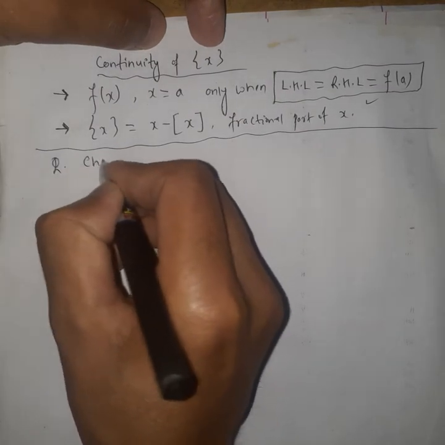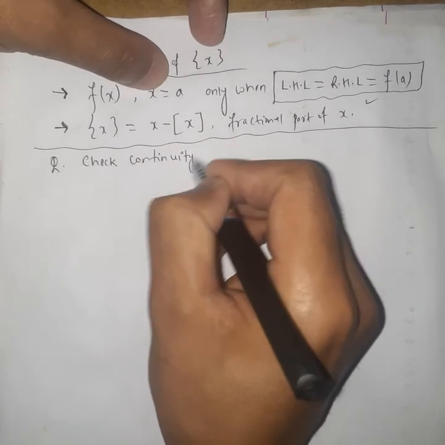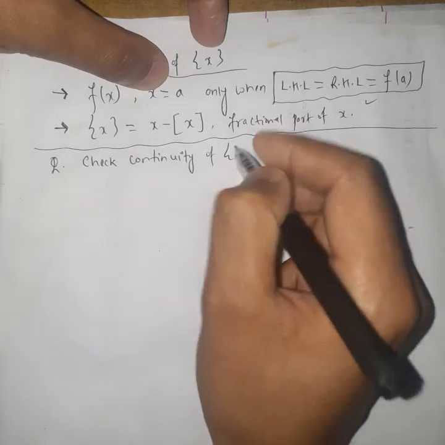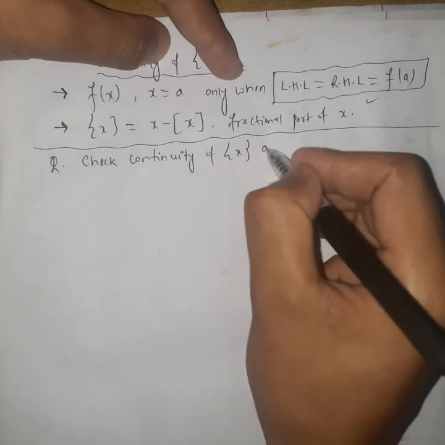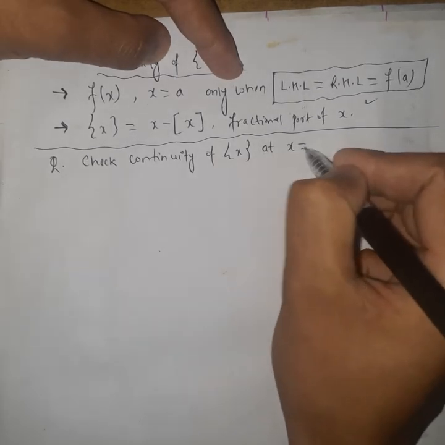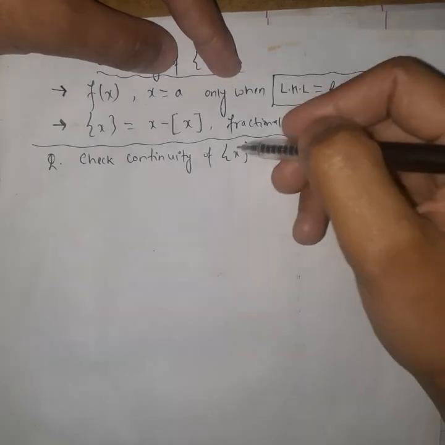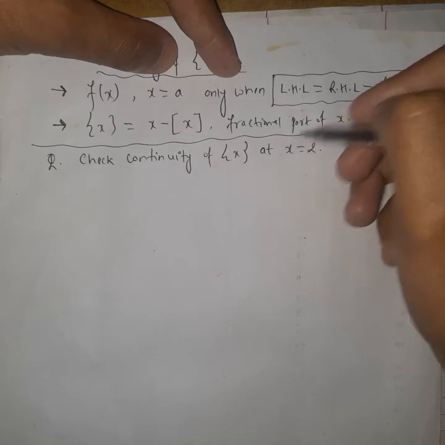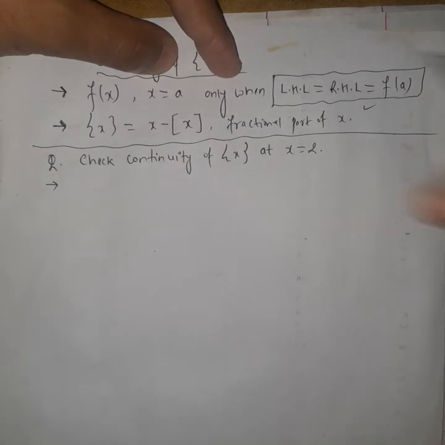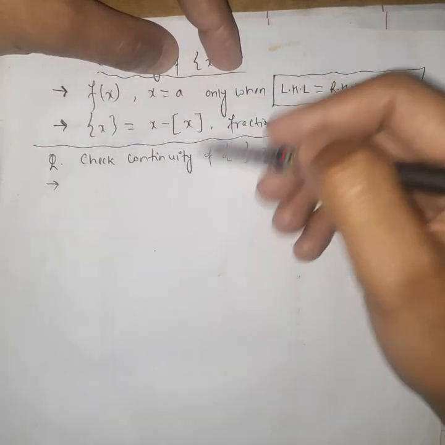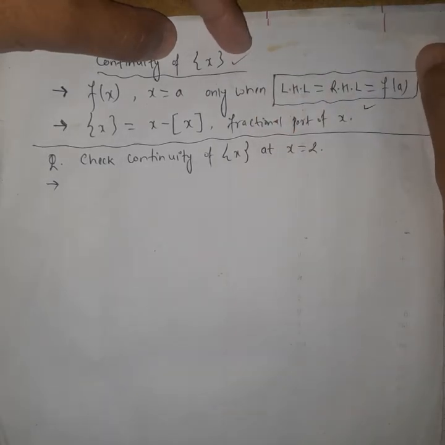Here the question is to check the continuity of the fractional part function at a specified point, the point x equals 2. Let's solve this particular problem, and we will give the conclusions of this topic, continuity of the fractional part functions, at last.